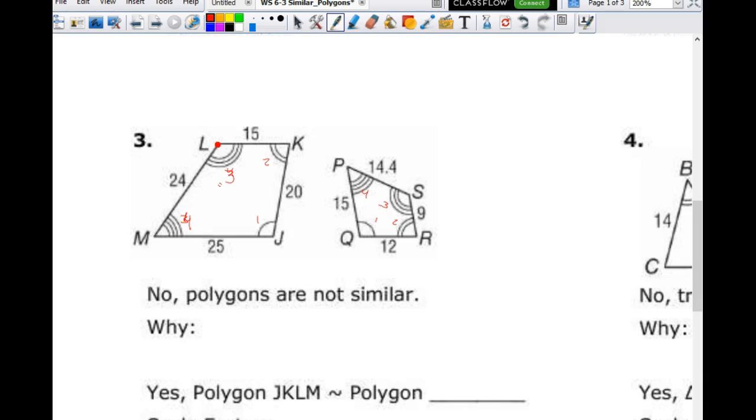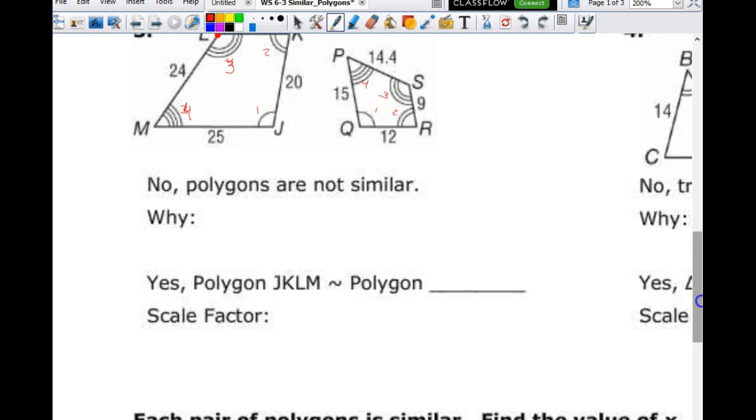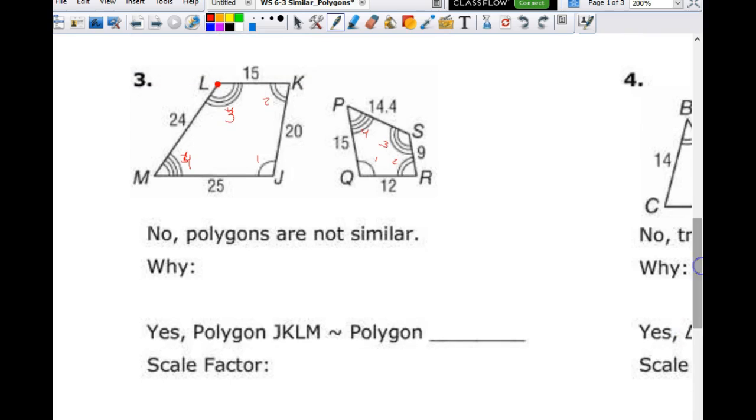Okay, so do we have 4 pairs of congruent angles? 1 pair, 2 pairs, 3 pairs, 4 pairs, yes. So now guess what we need to check? The scale factor for the sides. Let's start with 25. 25 over, what is corresponding with 25?